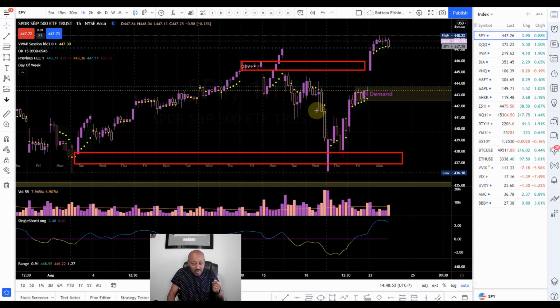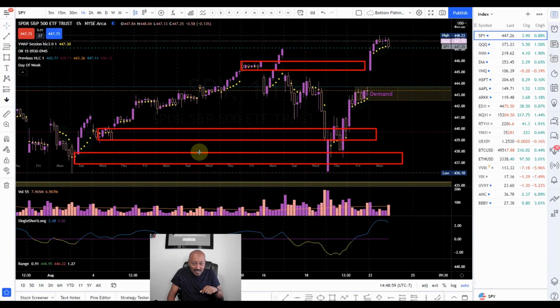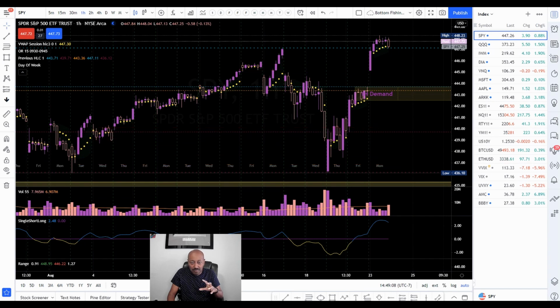So every time you see a possible area of entry, and when price gives you that, like in this instance, this demand zone, price just kept blowing through it, so you don't enter a position here. This is all putting everything together and then trading accordingly.